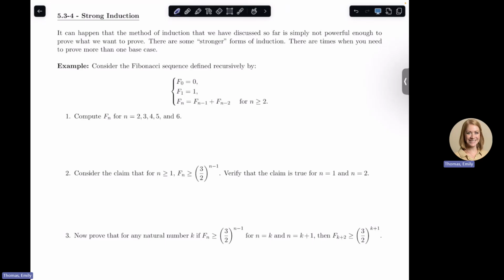Okay, so we're going to do strong induction now. The difference between regular induction and strong induction, we've kind of talked about this, is that for strong induction, you don't just step back one, you could step back more than one. In regular induction, we assume that we can get on the ladder and that if we're on a step, we can get to the next step, right?